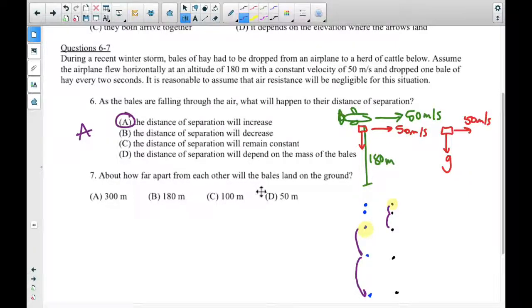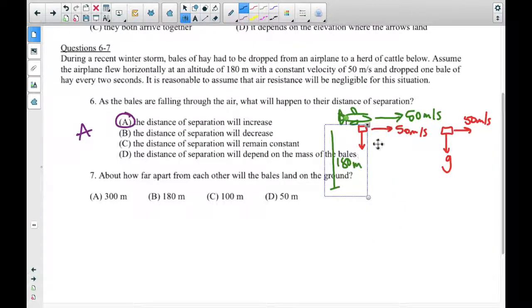Okay, about how far apart from each other will the bales land on the ground? So these are dropping. I'm going to erase some things here. Okay, these are dropping, and as they drop, it has some horizontal velocity. In the y direction, it's going to gain velocity, it's going to accelerate.